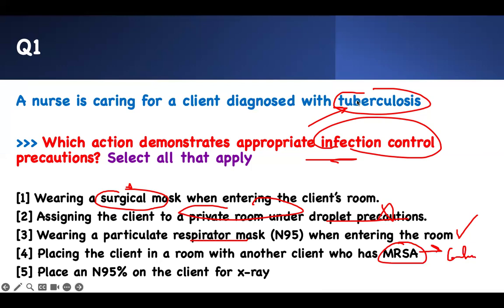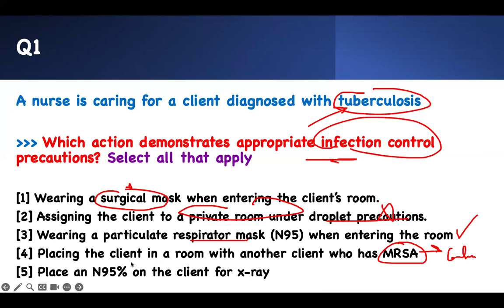The cohorting is based on the same organism. So two TB can be together, two MRSA can be together. But the caveat with two TB is you don't want to put two airborne together because it's difficult to create a negative pressure environment when you have two of them like that.